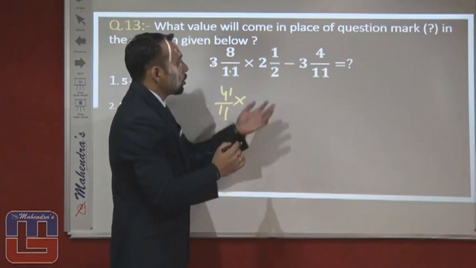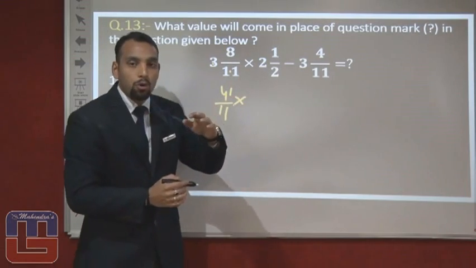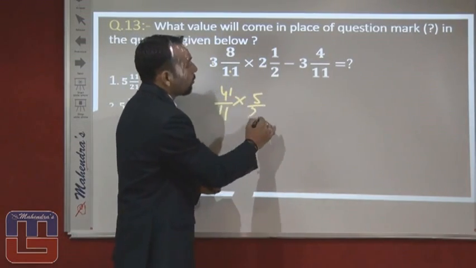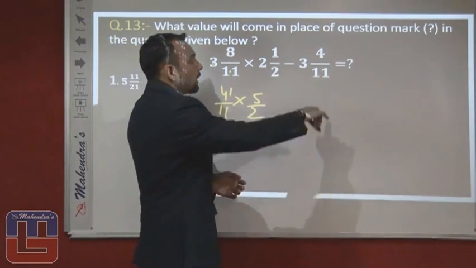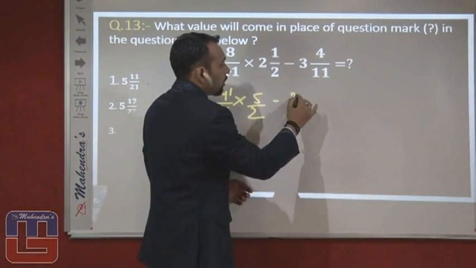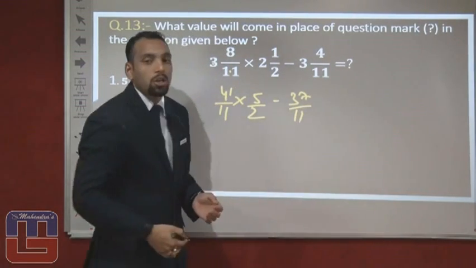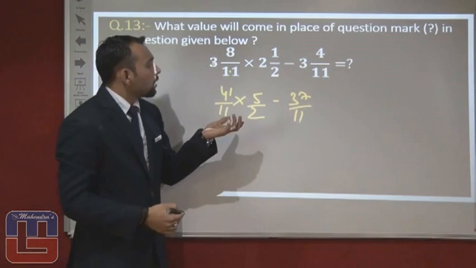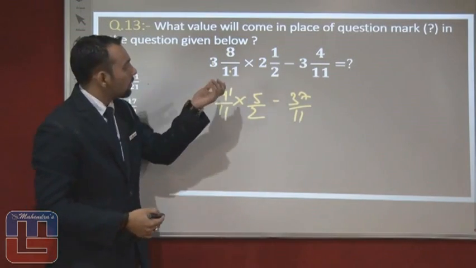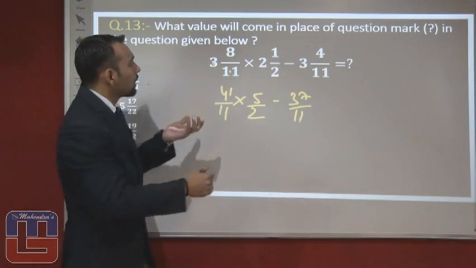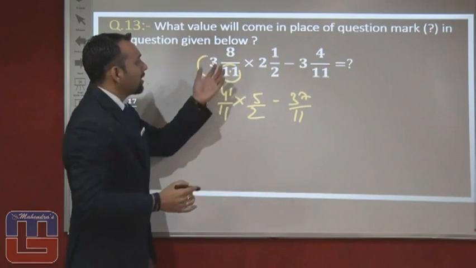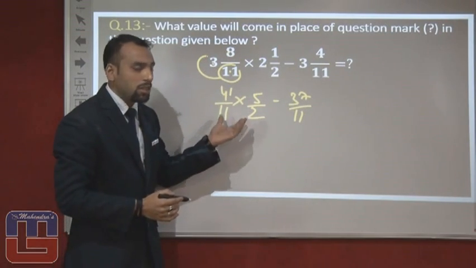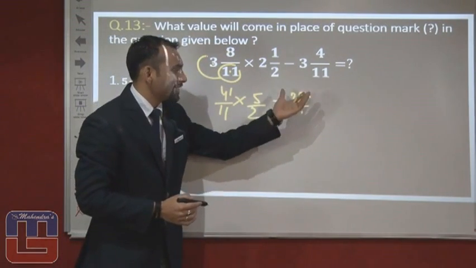Same here, 2 times 4 plus 1, 5 by 2. Here 33 plus 37 by 11. What we have done is follow: 11 into 3 is 33 plus 8, 41 by 11. Then multiply 5 by 2, then minus 37 by 11.